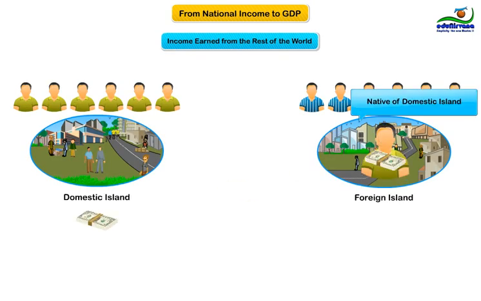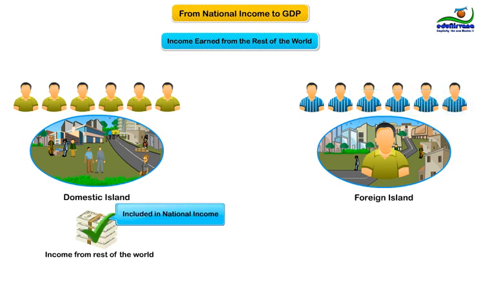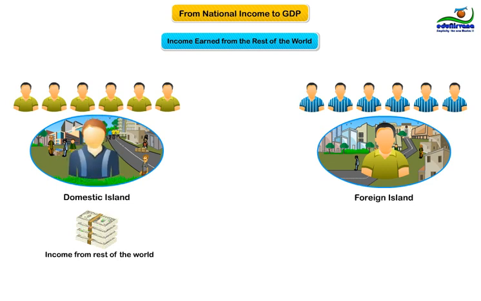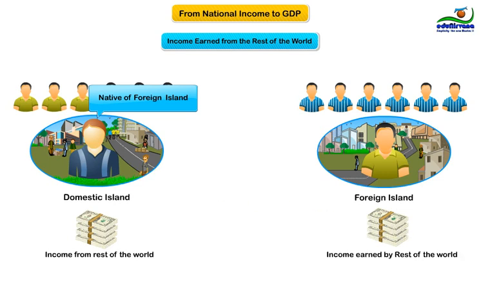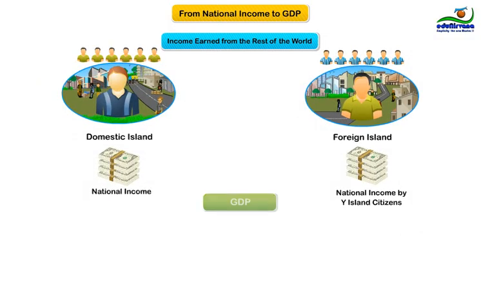Consider that when we compute national income, we include the income earned by our island citizens who work and live in other islands. But we do not include the income earned by foreigners who work and live in our island. But if we want to compute GDP, we have to adjust for both these incomes.